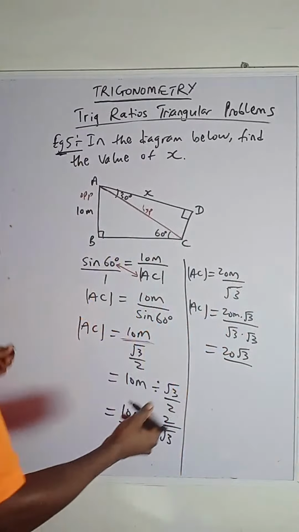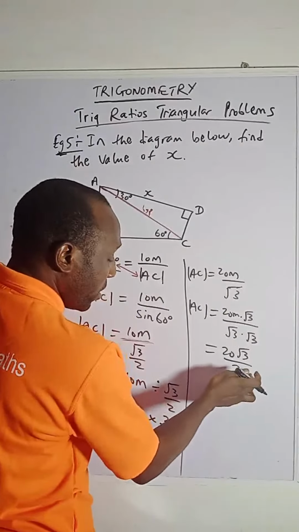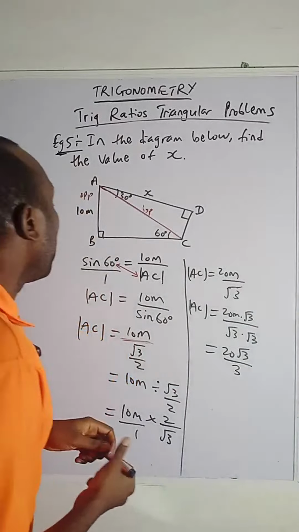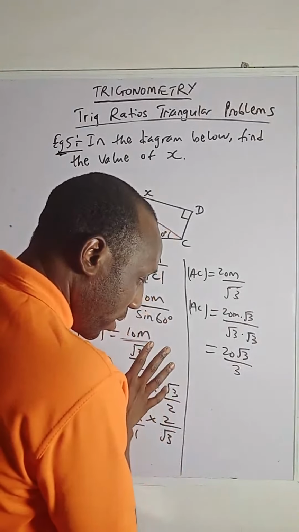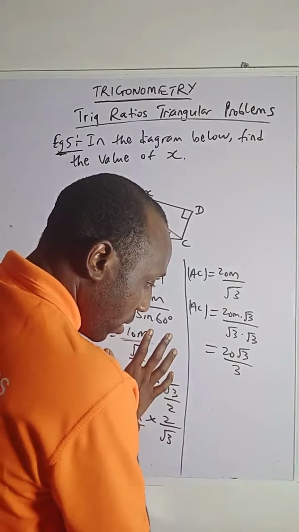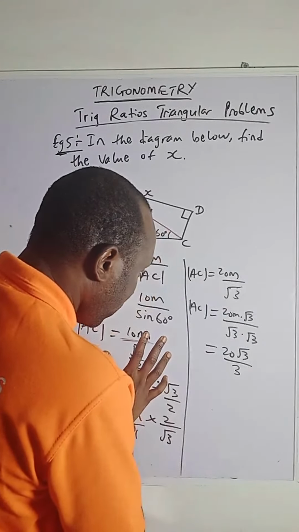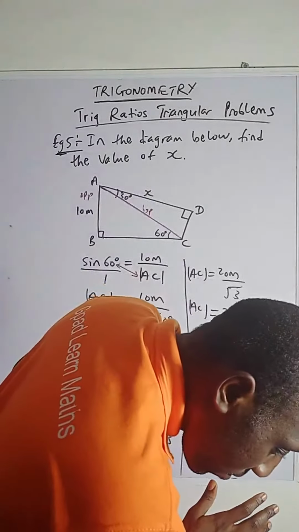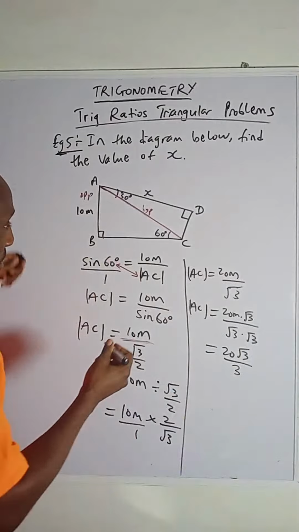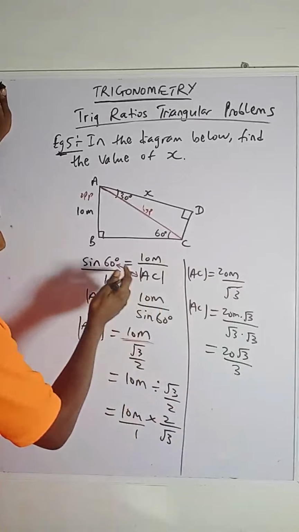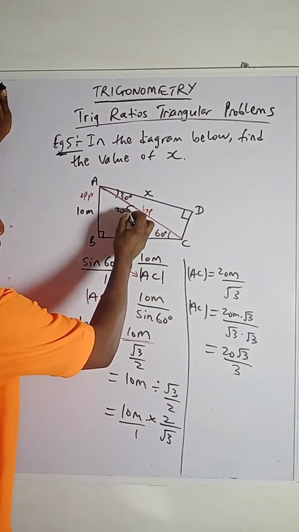Oh, no, sorry. So this is the answer we have for AC, right? Okay, so we need to get X now. I hope AC is correct. Is AC correct? So AC is 20 root 3 over 3.